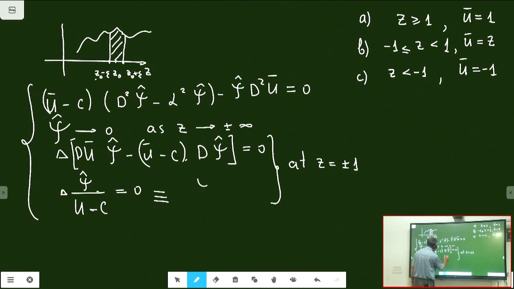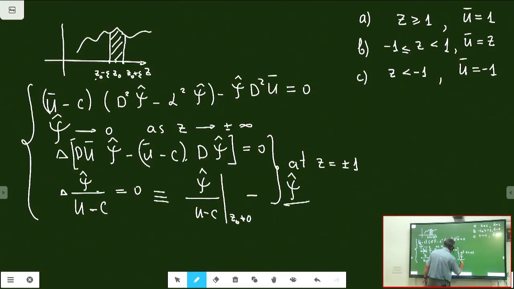It is psi hat divided by u minus c evaluated at z0 plus 0, minus psi hat over u bar minus c evaluated at z minus 0. And that is equal to 0.